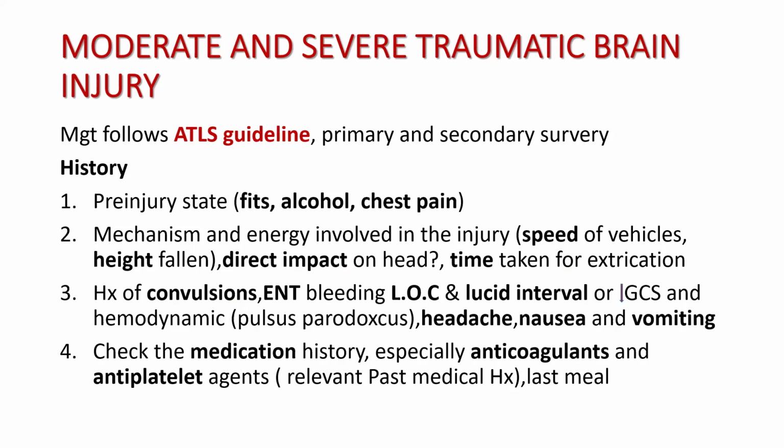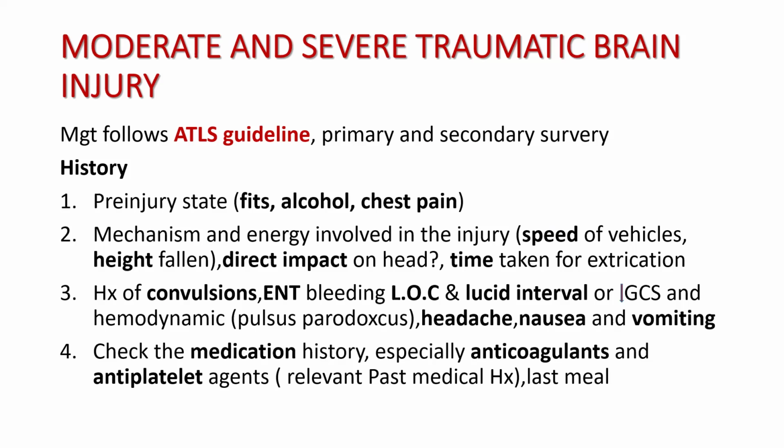But we have to take the history and know about the pre-injury state of this patient, whether the person was having convulsions before the injury, maybe they were epileptic, if they were intoxicated with alcohol, if they had chest pain prior to the accident, before we start attributing whatever we are seeing to the accident or to the trauma.